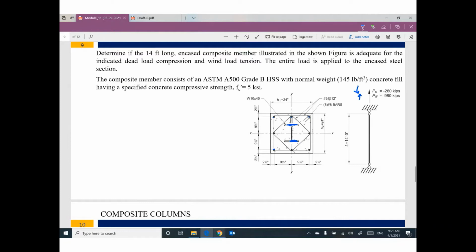Let's see. Probably we have compression, probably we have tension. Let's see. So we have dead plus wind. Anybody can tell me what is the value of P ultimate?